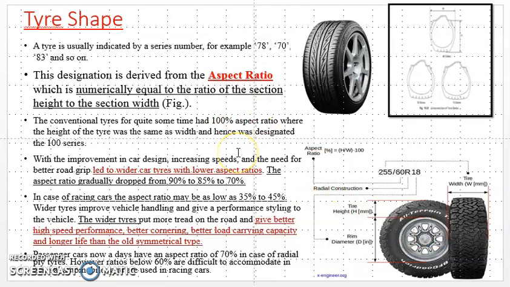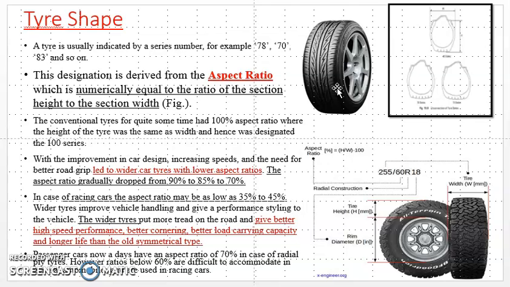We have seen that wider car tires are required for better grip. As time passes, there is a need for improvement in car design as speed increases, and we need better grip.